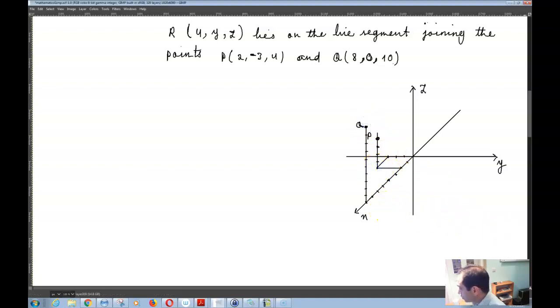Now there is a line segment joining these 2 points, and this point with the x-coordinate 4 lies on this line.